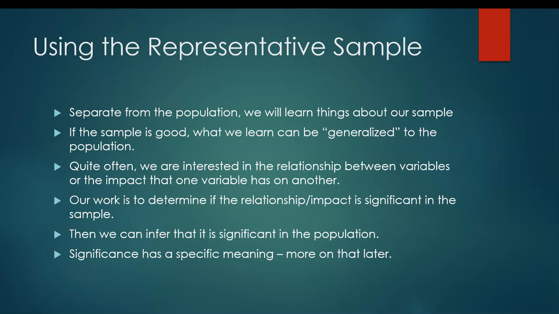Those two variables are both numeric variables, and we are interested in the relationship that they have with each other. Our work is to determine if the relationship or impact is significant in the sample. If it's significant in the sample, then we might be able to infer that it's significant in the population.